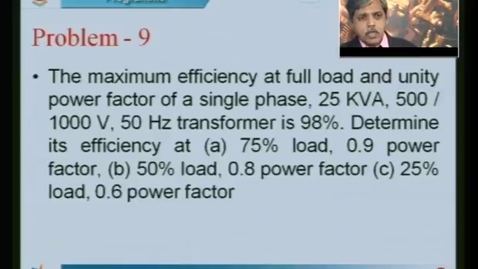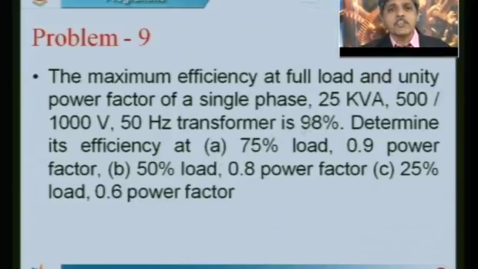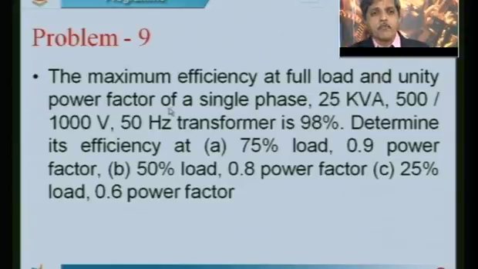This is again a problem based upon efficiency calculation. The maximum efficiency at full load unity power factor of a single phase 25 kVA 500 by 1000 volt transformer. This is a step up transformer. You can see 500 is the primary rating and 1000 is the secondary rating, so the voltage is doubled.